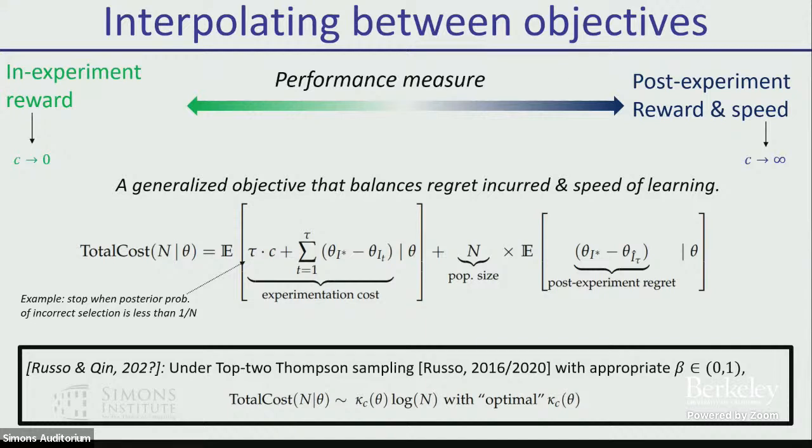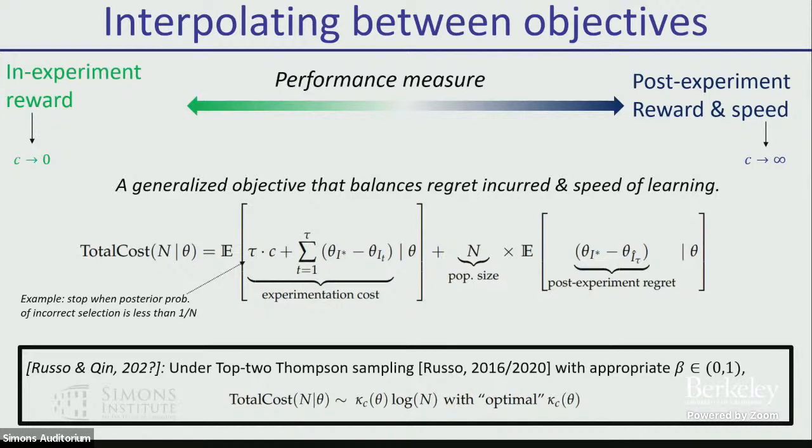Separate from this paper, we have thought in different cases about how to interpolate between the extremes. So here's a model that goes between an objective where you want to stop the experiment and make a good decision for the population, and a model where you want to have high reward while running the experiment.